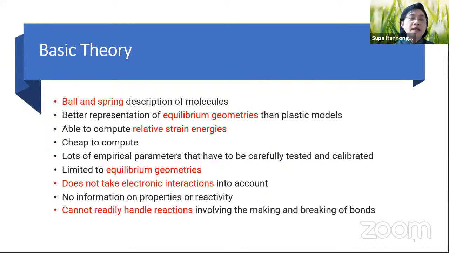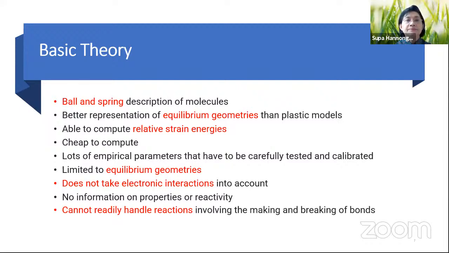So for molecular mechanics or force field, we describe a molecule based on ball and spring, harmonic oscillator motion. This can represent equilibrium geometries, if you compare it to the plastic model of ball and stick connected together to make the structure of the molecule. The plastic model cannot give the equilibrium geometries, but molecular mechanics can.